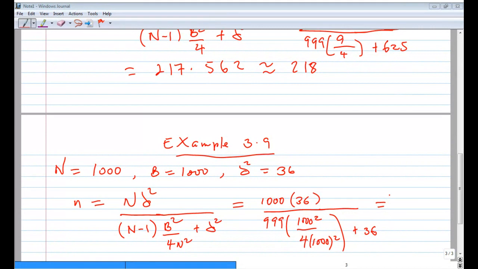We included everything, isn't it? Then can you tell me the answer? It's 125.98. Because it's a sample size, it has to be converted to 126. So that's our sample size required to estimate the population total.